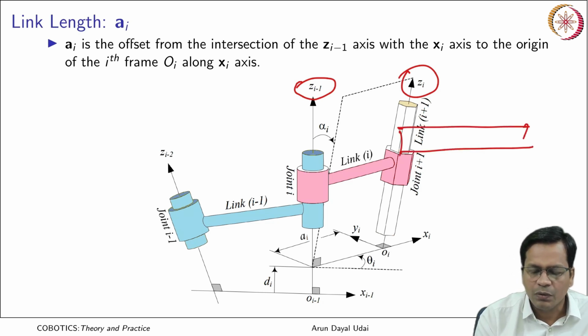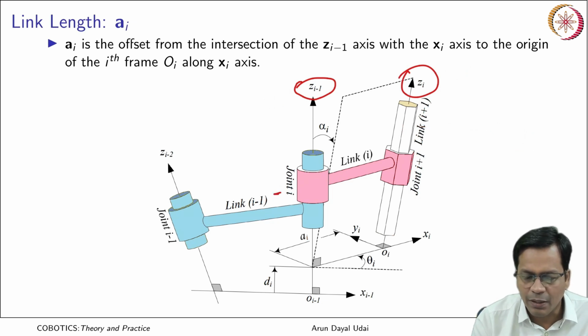Okay. So, this is zi and this is zi minus 1. The distance between them, if you draw a common normal to these two, would create an xi axis. That is known as the xi axis, which comes here.